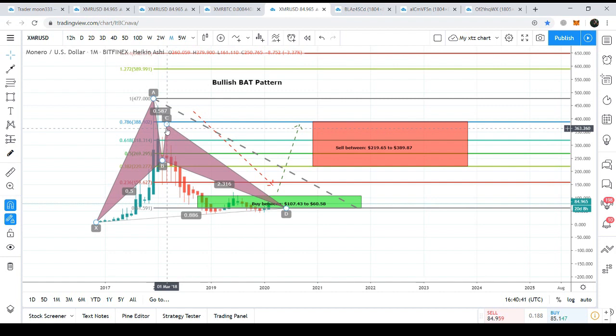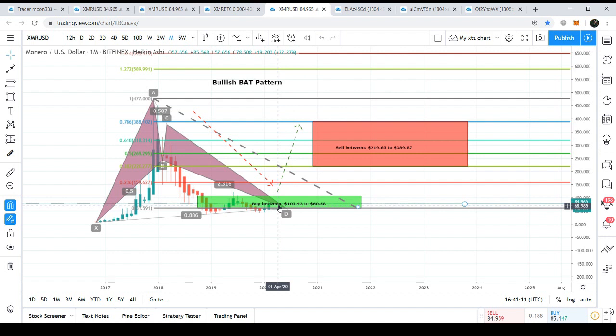And after that, we need the retracement of the final leg between 0.786 up to 0.886 Fibonacci, and here we can see the price action entered this potential reversal zone and retraced between 0.786 up to 0.886 Fibonacci. Now here the bat pattern is confirmed and completely formed, and now we are in the potential reversal zone of this bullish bat pattern.